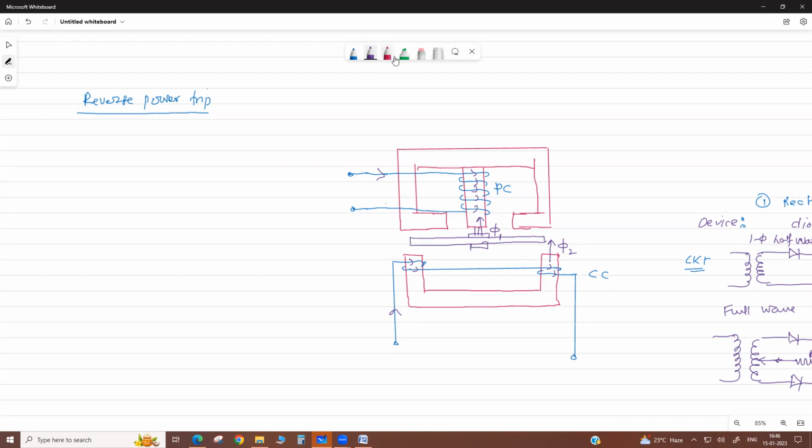Now these two magnetic fluxes develop a force on this aluminum disc, and it is coupled with a mechanical flag contact, so they make a contact.